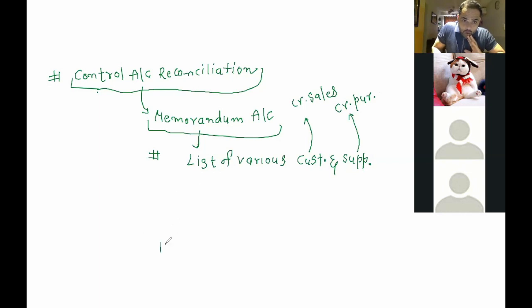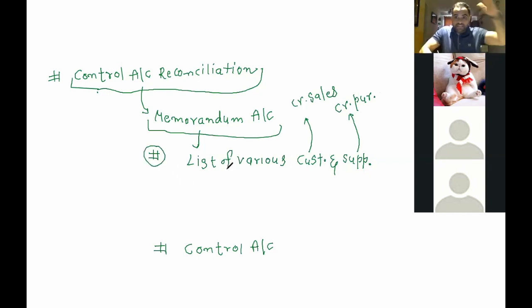And you know, control accounts. Control accounts: group of all customers and suppliers. This is individual, all right? Individual, because in the list, Mr. A, B, C. Control is a combination of A, B, and C, right? That's called control accounts.